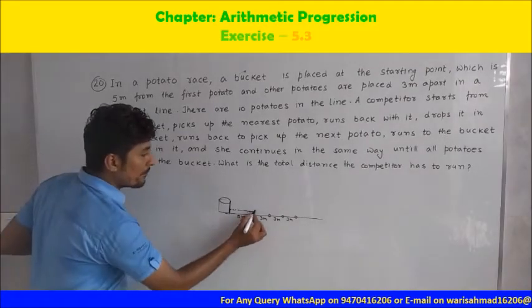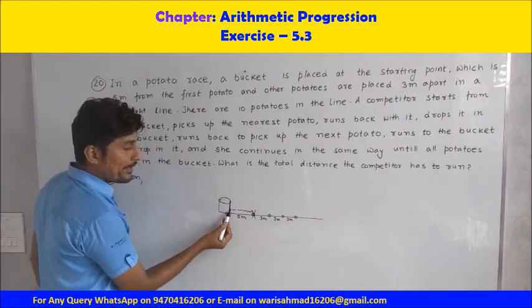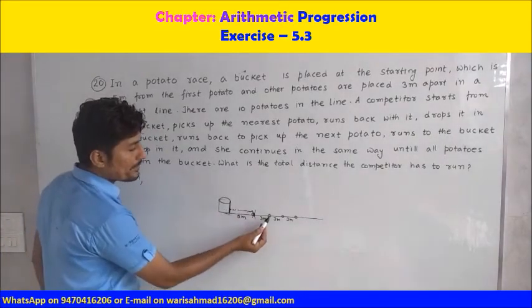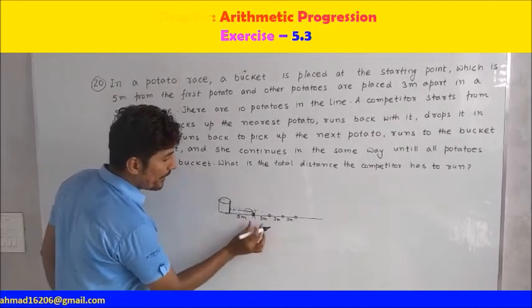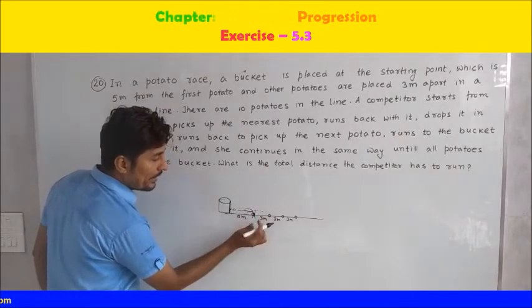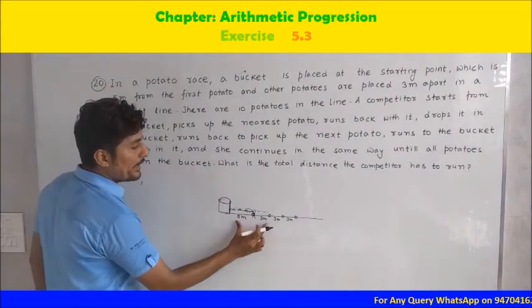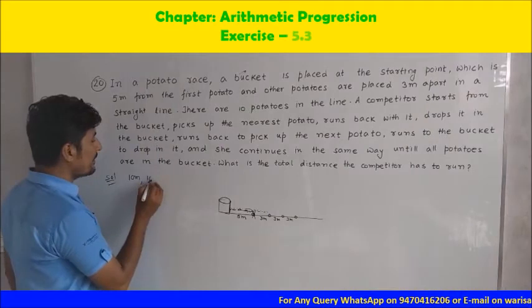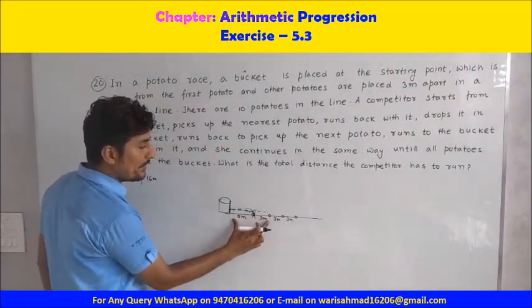Now this potato is removed. Now she has to pick up the second potato. The distance will be 5 plus 3, equal to 8. Now she will come back and drop it into the bucket. So 8 plus 8 equals 16 meters.